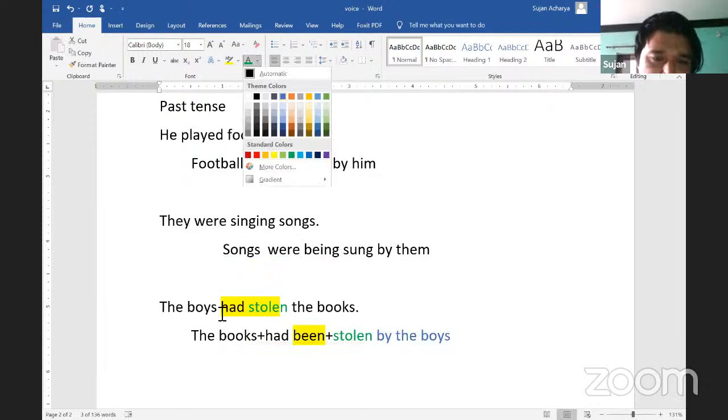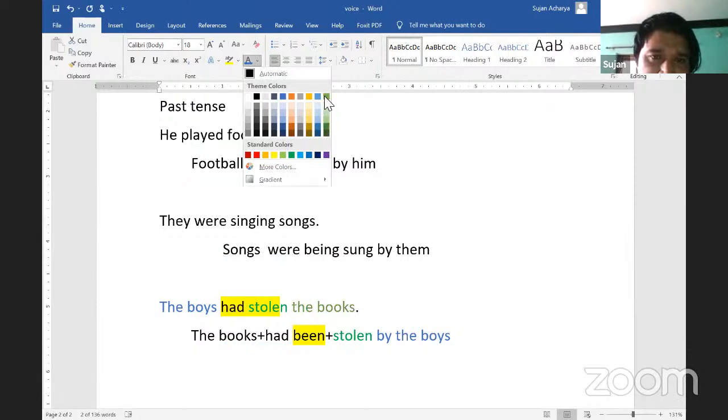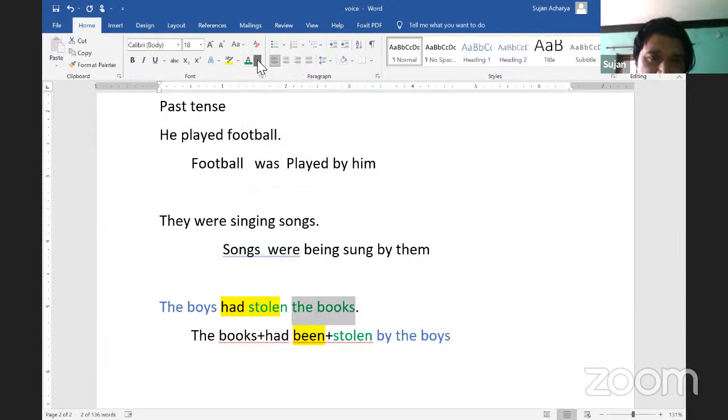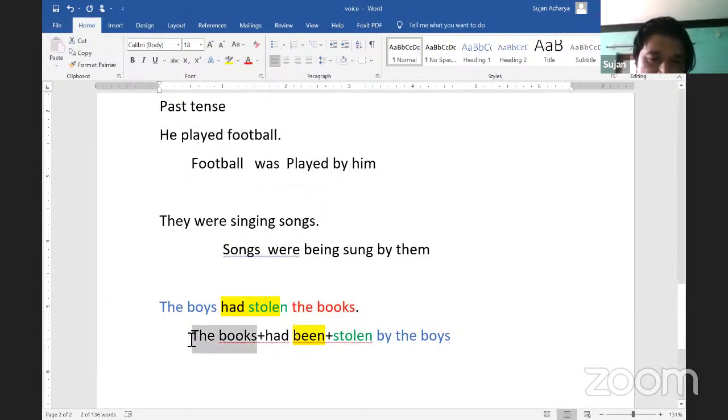Then the books, the object, becomes the subject. The object of the sentence in active voice becomes the subject of the sentence in passive voice.